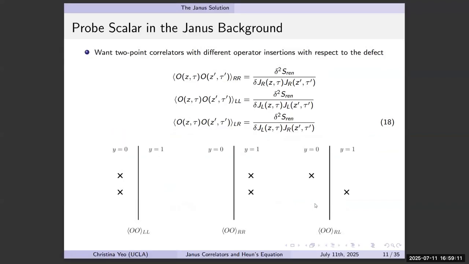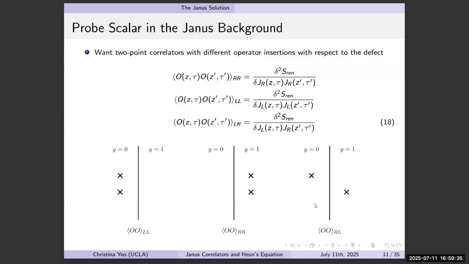Right, so we again want to calculate the 2-point functions because we want to look at how this defect at z equals 0 affects our observables. We insert sources on the same side of the boundary versus across the defect, and we're going to look at how they behave as we bring the sources close to the boundary.